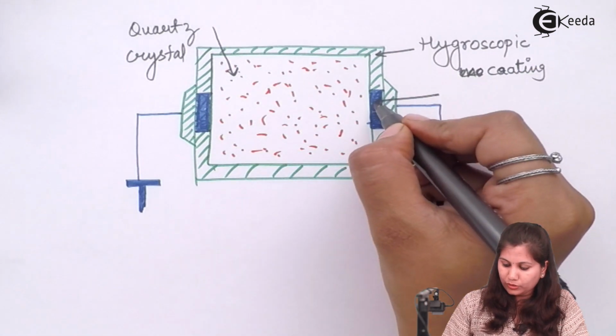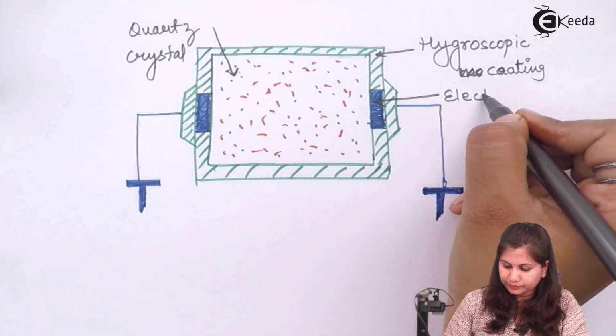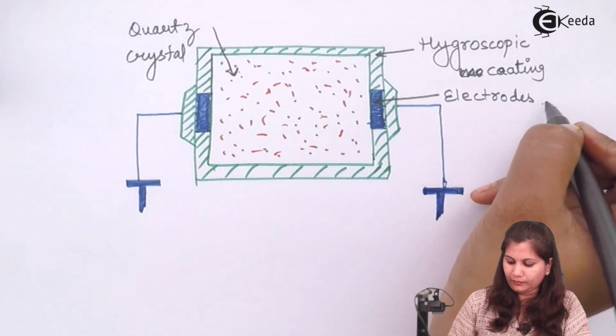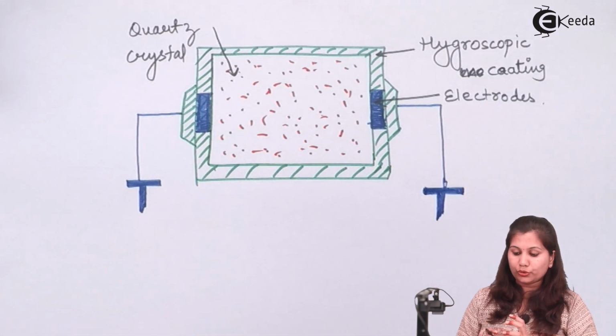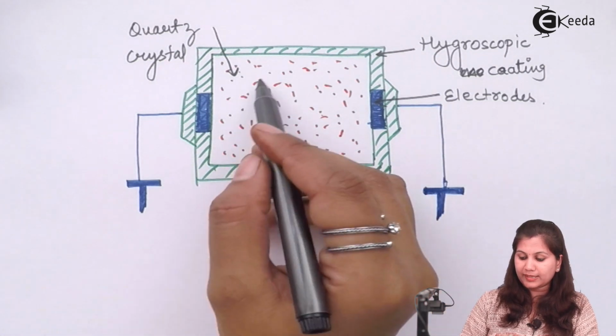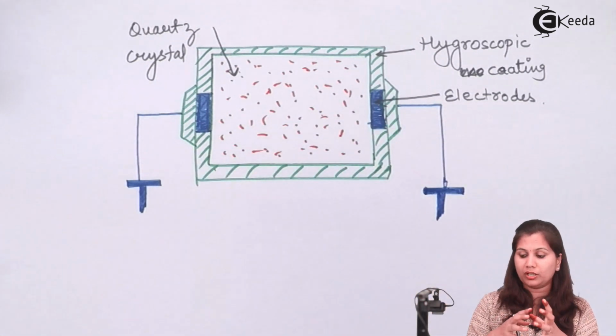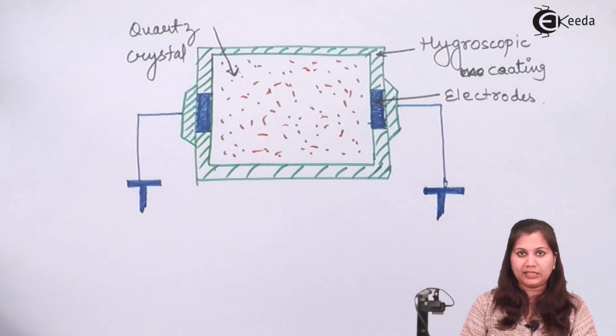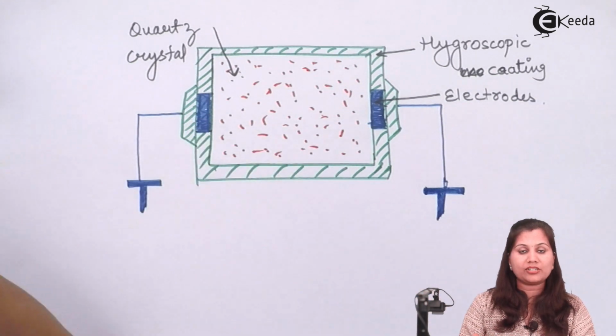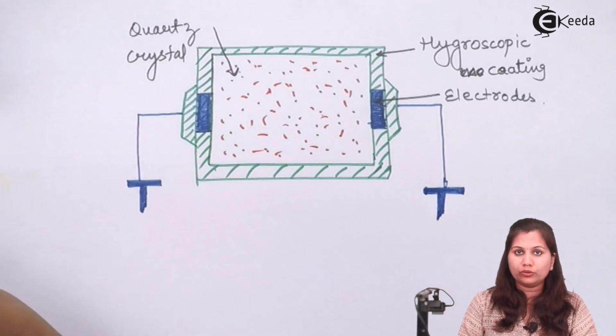These are the electrodes. Due to the humidity changes, this crystal or this hygroscopic coating is going to absorb the moisture, due to which its mass increases and the frequency generated by it is also going to change.